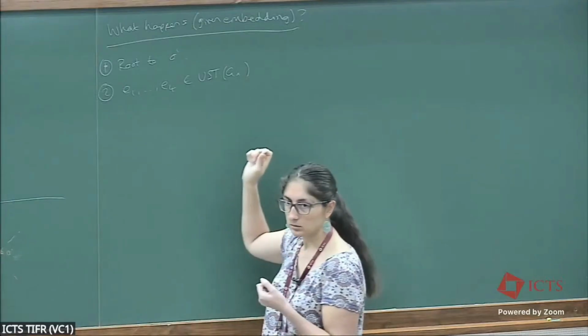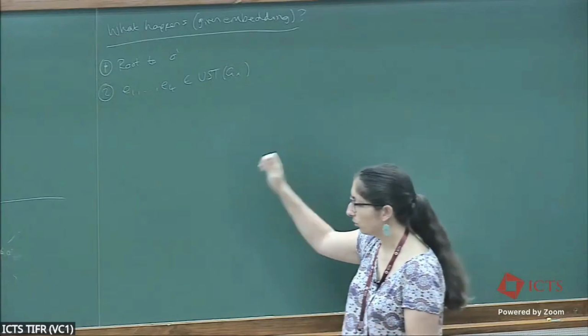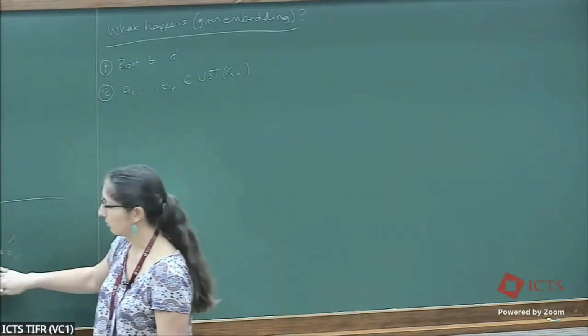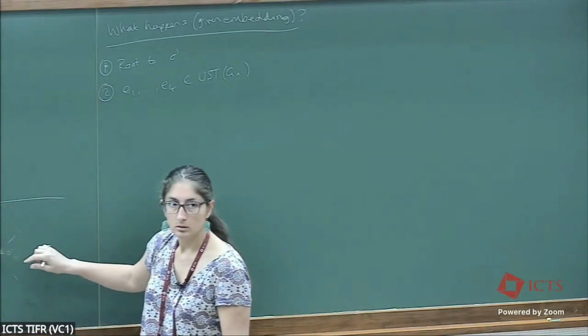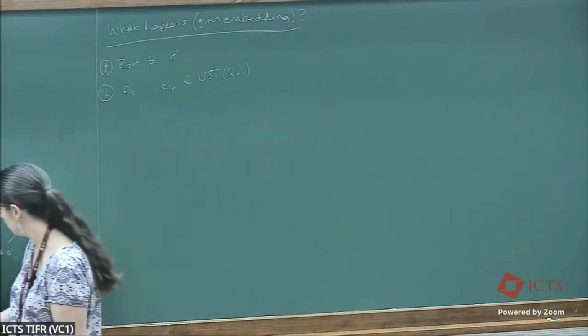Do I need anything else? If I'm saying that the ball of radius R around a uniform point should be exactly this orange tree, do I need anything else? Exactly, so which edges should not be present?